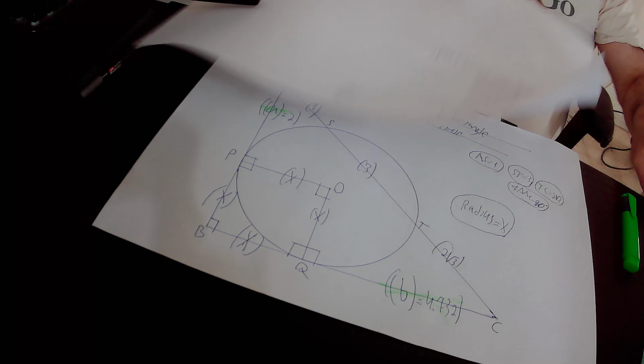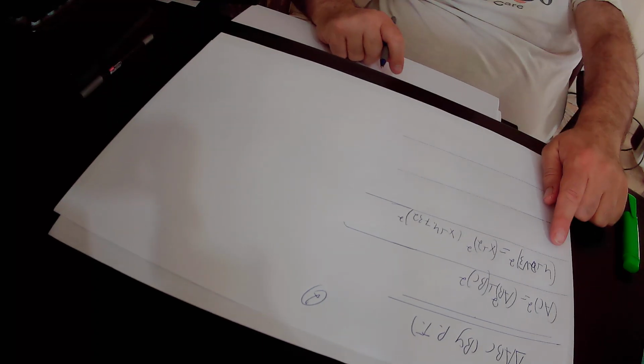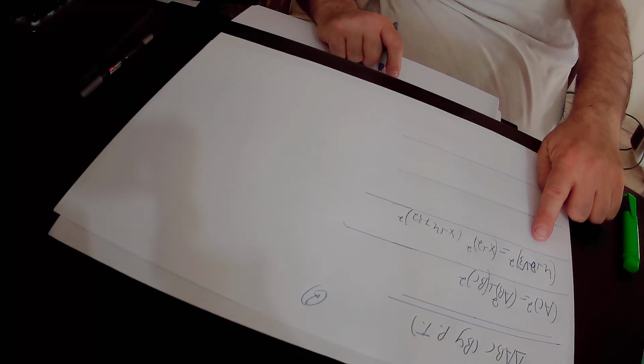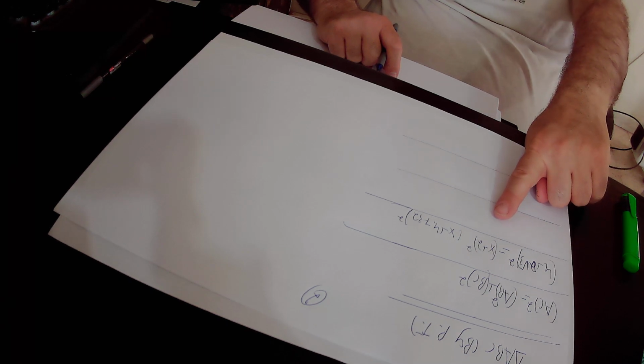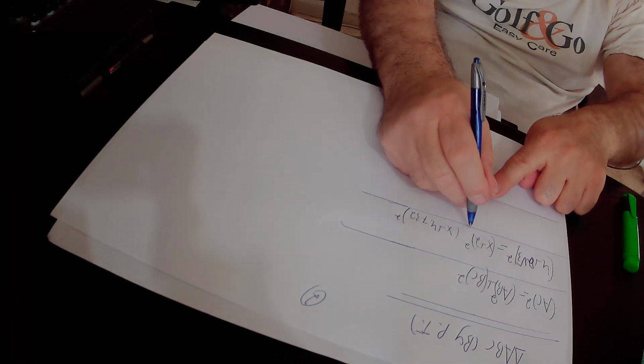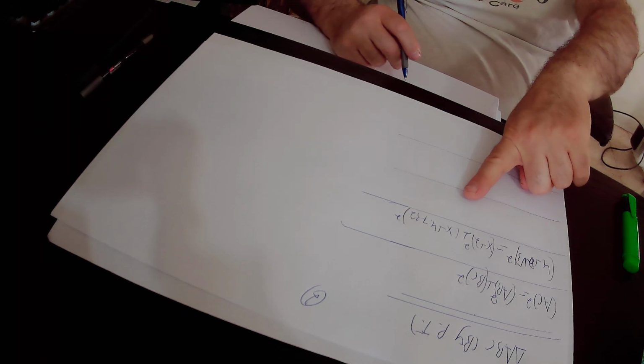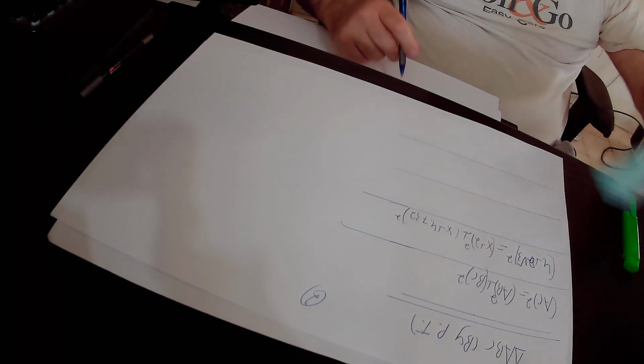In conclusion, we found out that (4 plus 2 times square root of 3) squared equals (x plus 2) squared plus (x plus 4.732) squared.